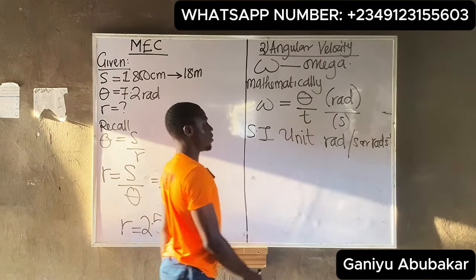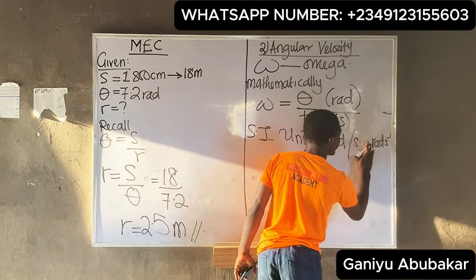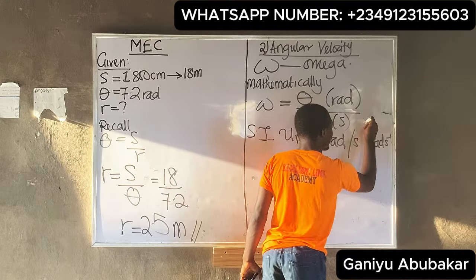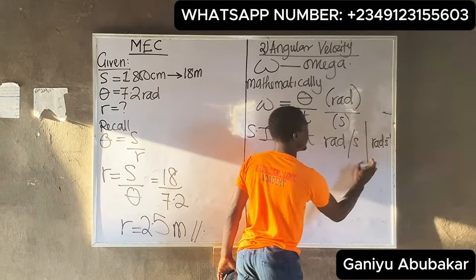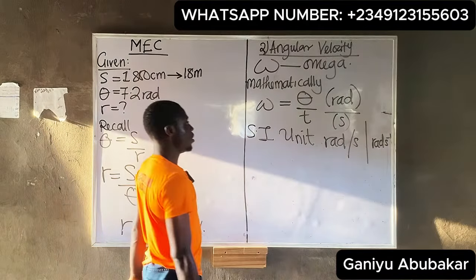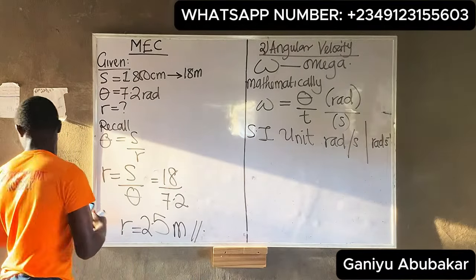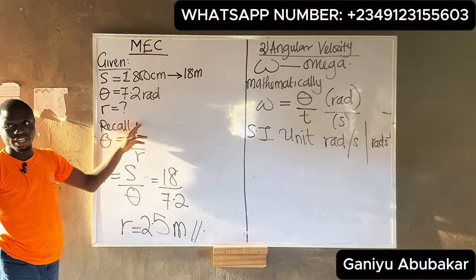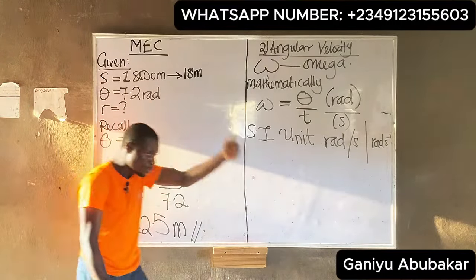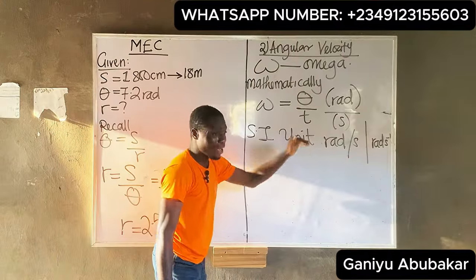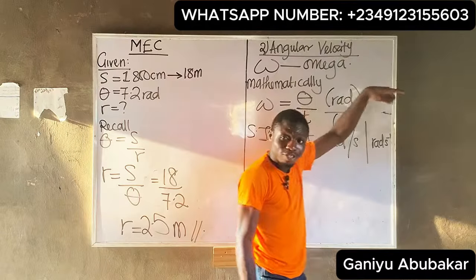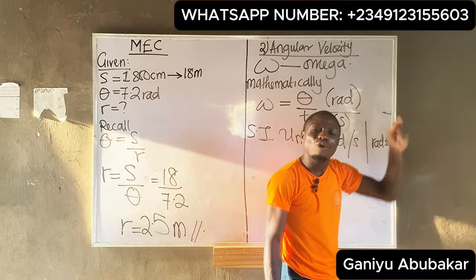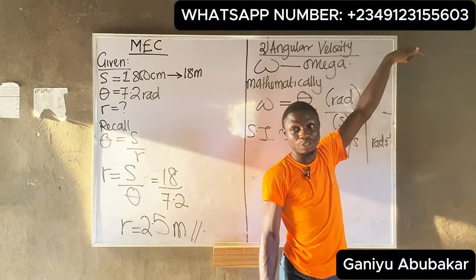Either of them is the same thing. For angular displacement, the unit is just rad. Moving on, this one gives rad per second. Moving on, you have rad per second square. That's the last one.